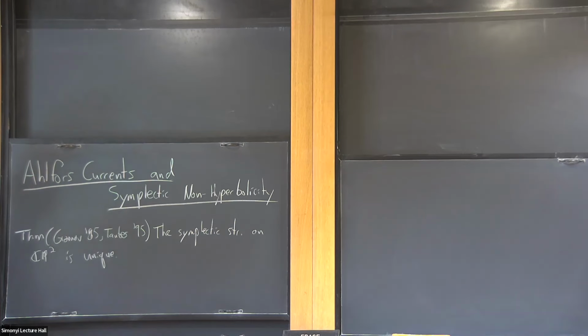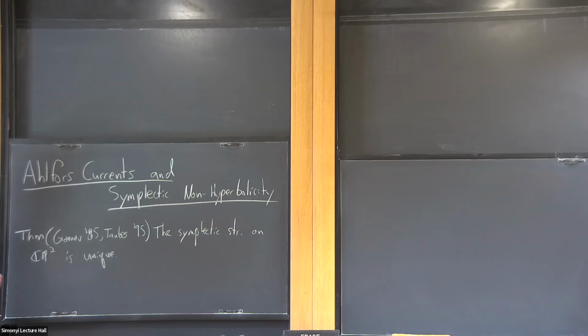The argument uses sweep outs by rational curves, and this argument works to classify symplectic structures on rational and ruled symplectic manifolds, where you have lots of rational curves.